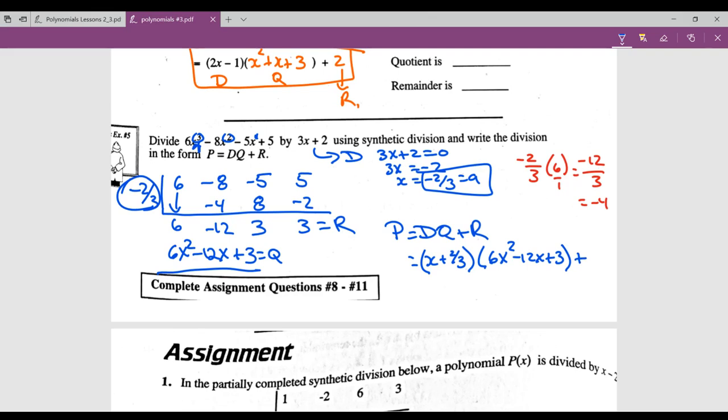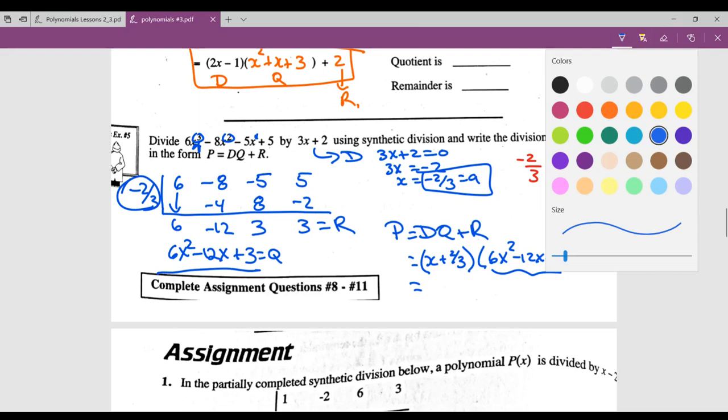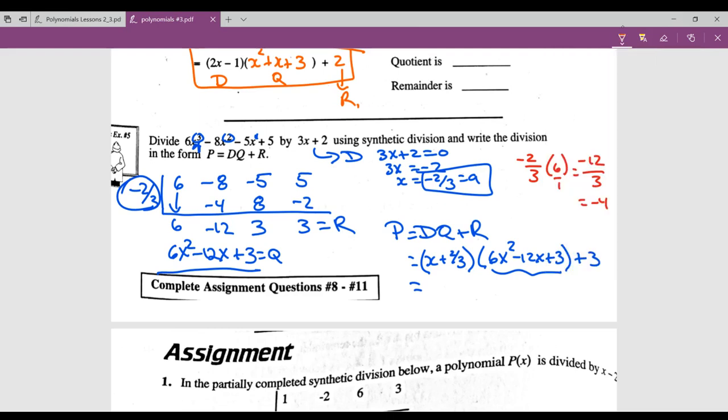The remainder is 3. Then to clear out this fraction, what can we factor out of this bit here? We can factor a 3 out of it. So it's x plus 2/3. Take a 3 out of that quotient, and we're going to get 2x squared minus 6x plus 1, plus 3.